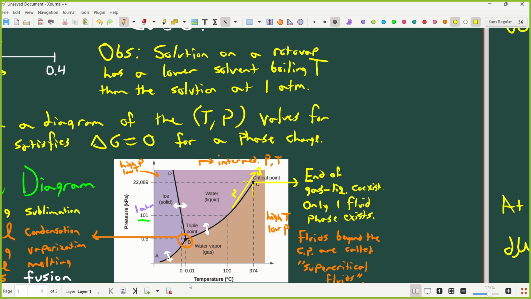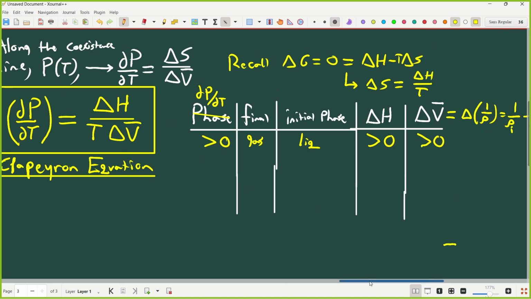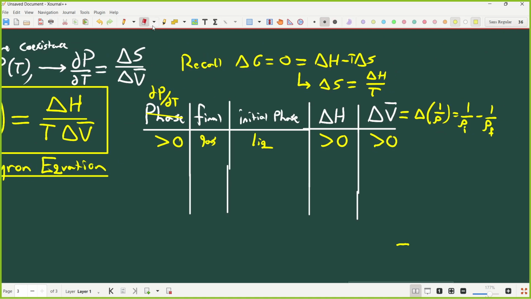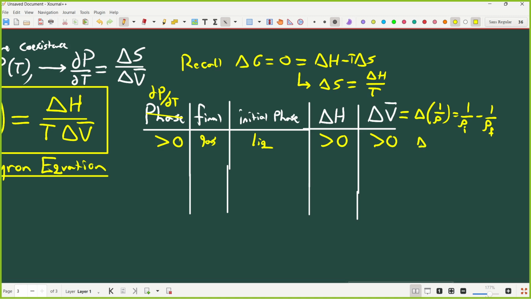Now we can also make an estimate about how sharp the curve is. That's going to be something about how fast it rises. Liquid is fairly dense and gas is very not dense, so delta V is large.